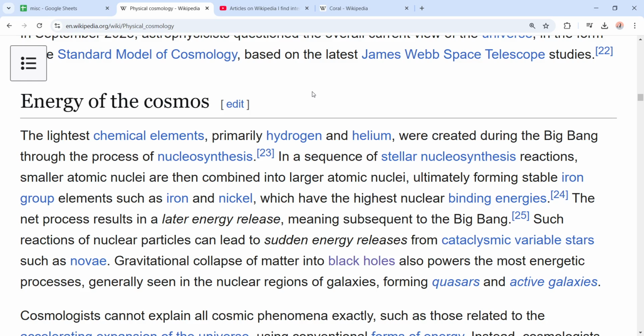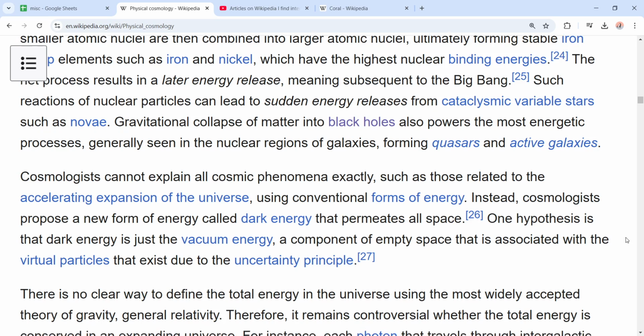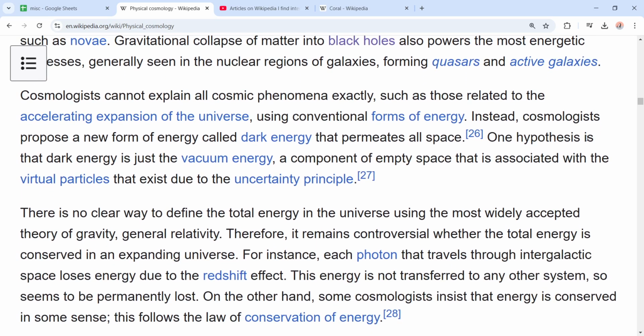The net process results in a later energy release, meaning subsequent to the Big Bang. Such reactions of nuclear particles can lead to sudden energy releases from cataclysmic variable stars, such as novae. Gravitational collapse of matter into black holes also powers the most energetic processes, generally seen in the nuclear regions of galaxies, forming quasars and active galaxies.